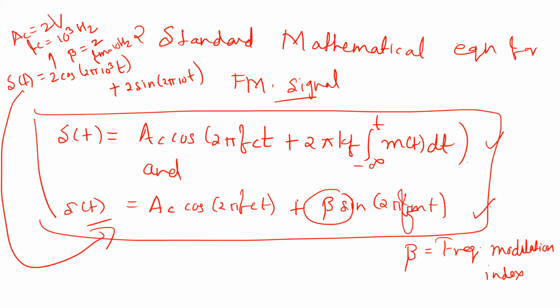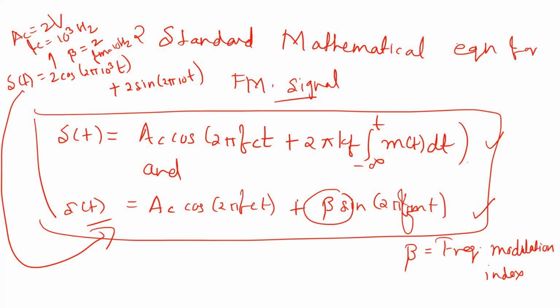ST is equal to AC cosine 2 pi FCT plus 2 pi KF times the integral of the message signal. And the other definition: ST is equal to AC cosine 2 pi FCT plus beta sine 2 pi FMT, where beta is the frequency modulation index.